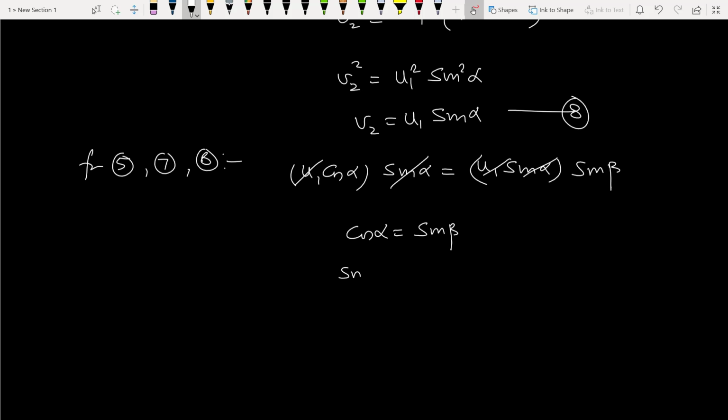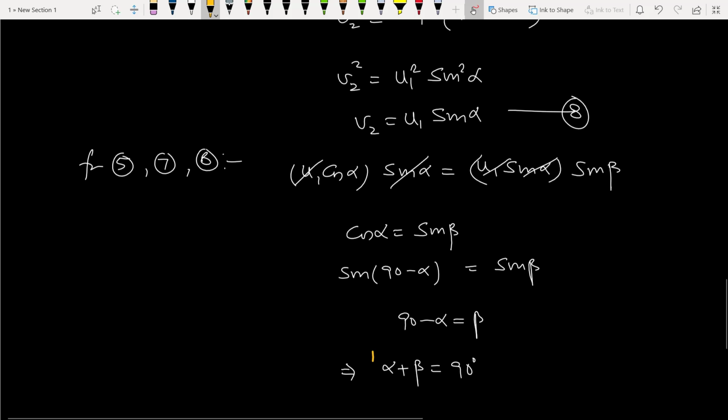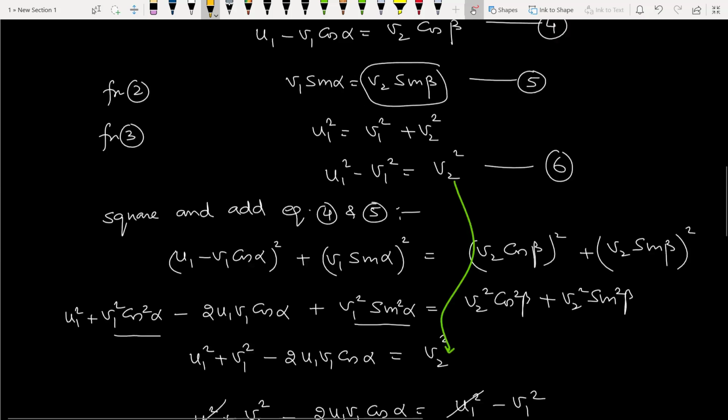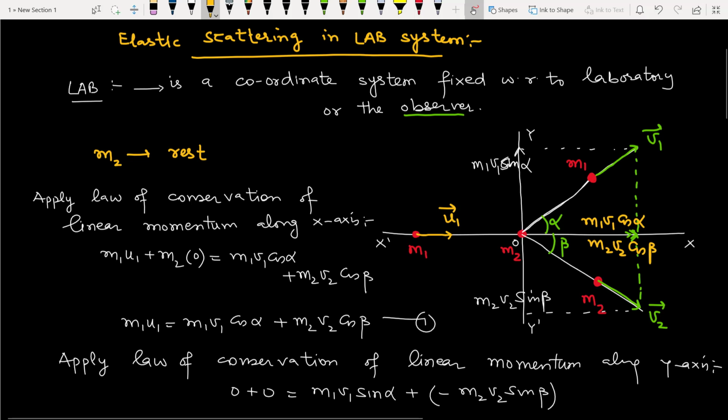So sin of 90 minus alpha is equal to sin beta. So 90 minus alpha is equal to beta, which implies alpha plus beta is equal to 90 degrees. So this is the conclusion, that in a lab system, when an incoming particle collides with a second particle at rest, subject to the condition m1 equals m2, then this angle is 90 degrees.